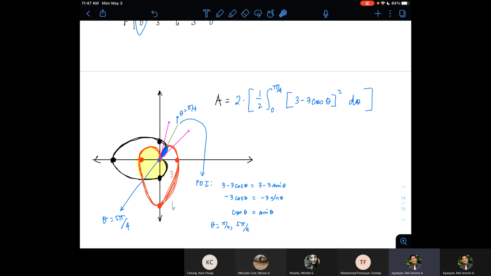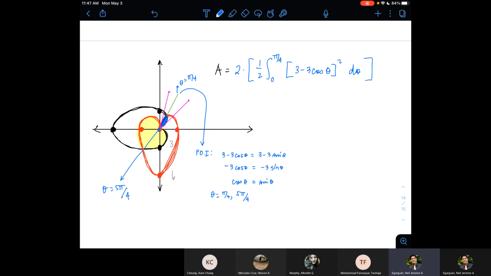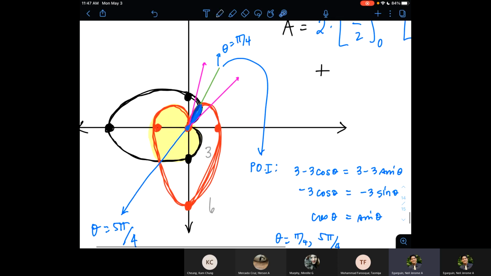Okay, now let's continue because we have another portion here for the area that we haven't counted yet. Unfortunately, my sketch is not very well scaled, so you will not see the symmetry between these two. So let me just doctor the picture a little bit, just to convince you that this should be symmetric.